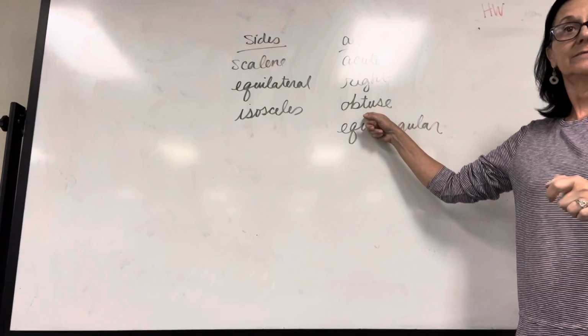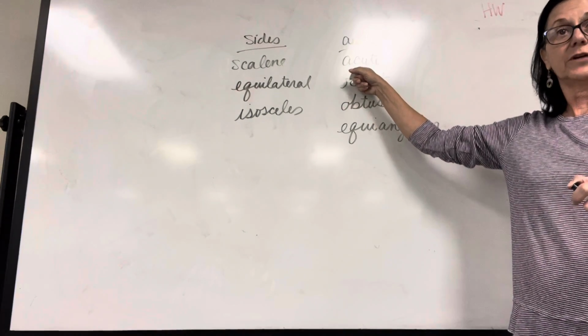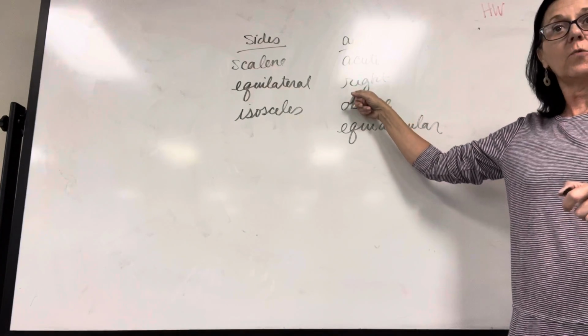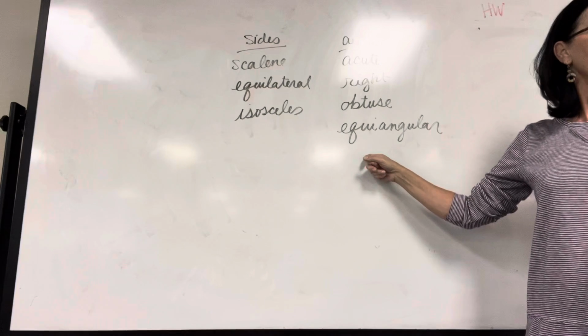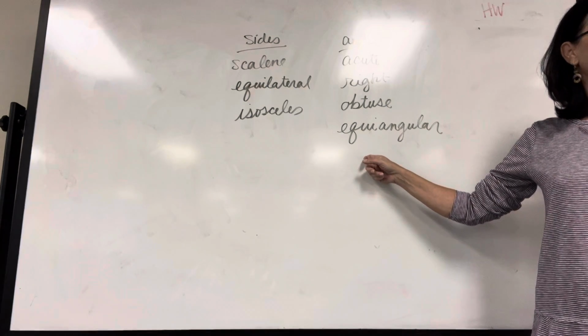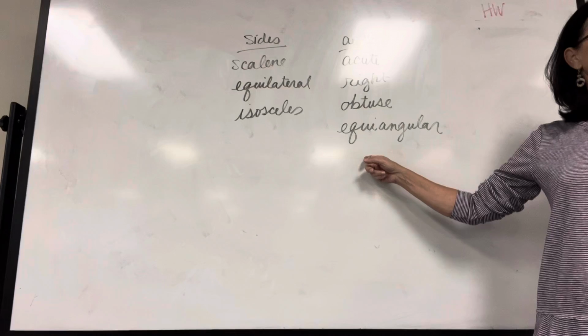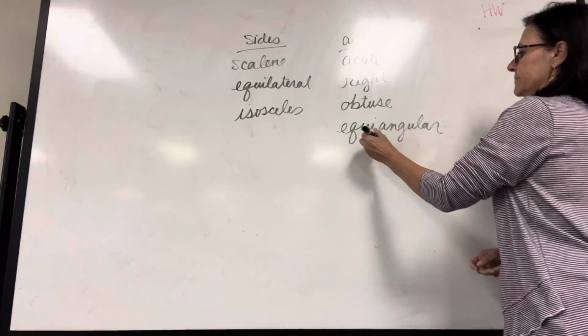Only one angle is obtuse. In this one, all angles are acute, all three. In this one, only one of them is right. In this one, only one is obtuse. In an equiangular triangle, what is the measure of every angle? What is it, Elliot? 60 degrees.